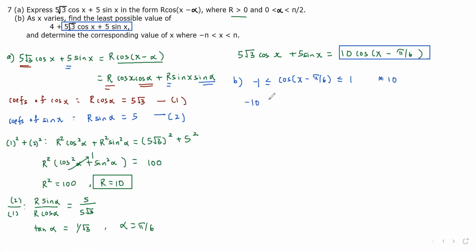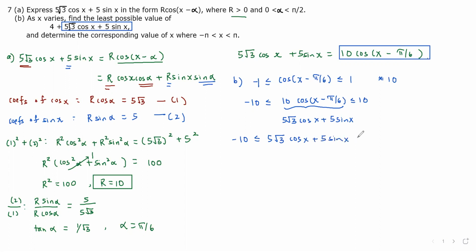We have -10 less than or equal to 10 cos(x minus pi over 6) less than or equal to 10. And this can be replaced with 5 root 3 cos x plus 5 sin x, so that -10 is less than or equal to 5 root 3 cos x plus 5 sin x, and this is less than or equal to 10.